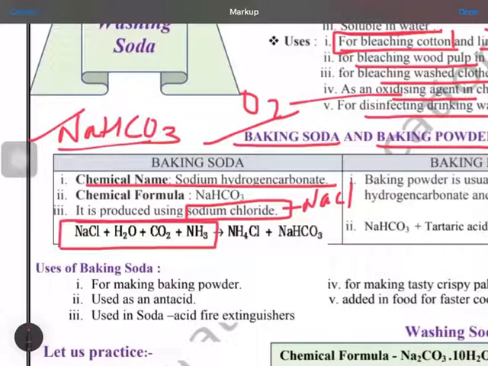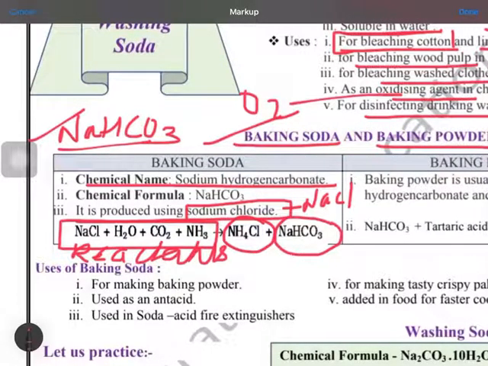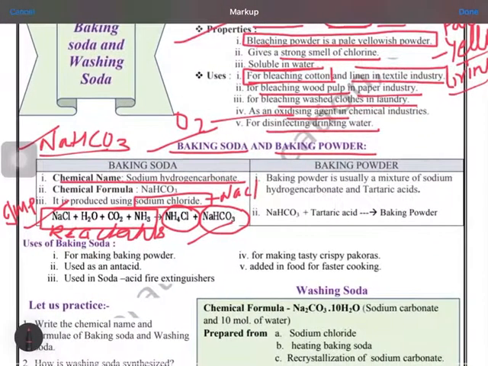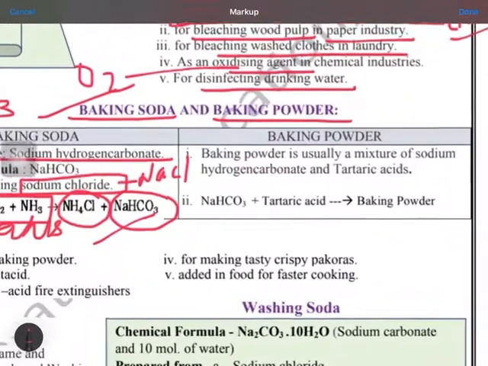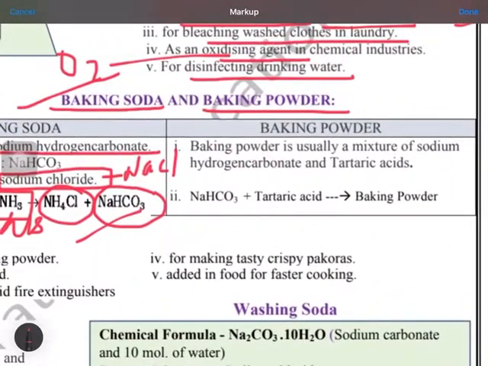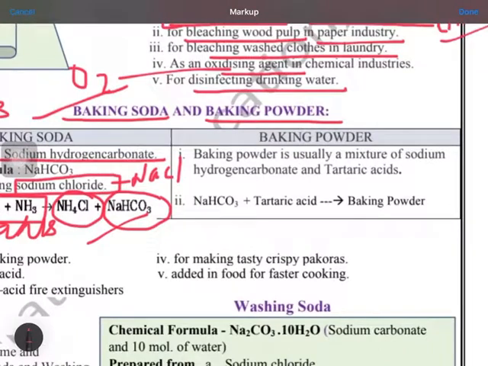These are the reactants, and when they react, they give you ammonium chloride and sodium hydrogen carbonate. So this is how we are getting it. You have to remember this. It is a very important reaction: when we react sodium chloride along with water, carbon dioxide and ammonia, we get ammonium chloride and baking soda.